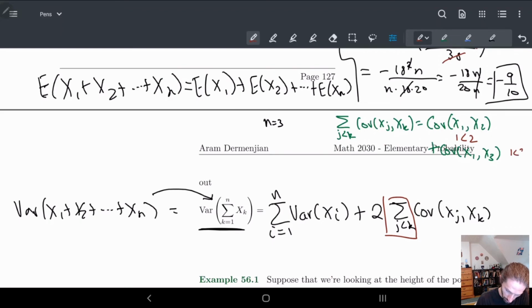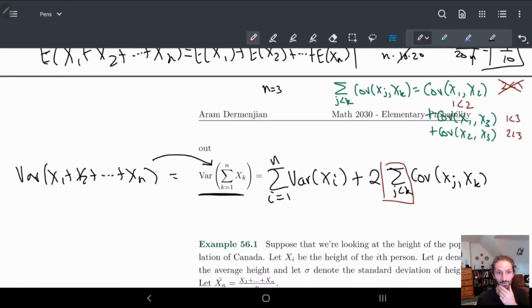I would have covariance of X2, X3, since 2 is less than 3, and that's it. I wouldn't have this one twice, so I can't do 2 less than 1. That's wrong, so I don't have a second one of these. I don't have X1, X1 because 1 is not less than 1. So this is how we're doing this. It should intuitively make a little sense. Basically, we sum over everything where j is less than k.